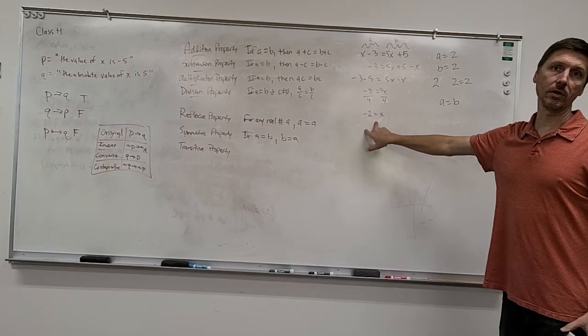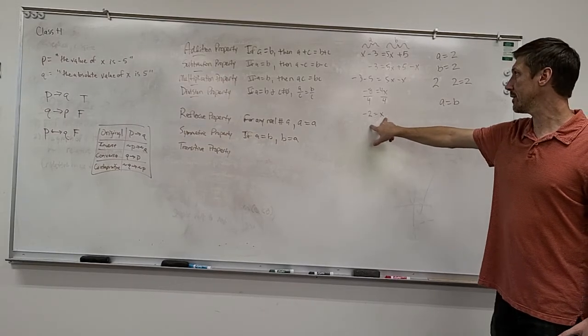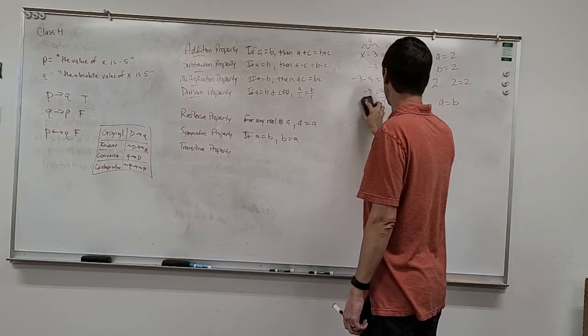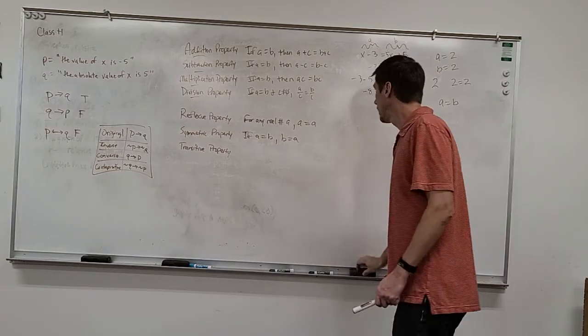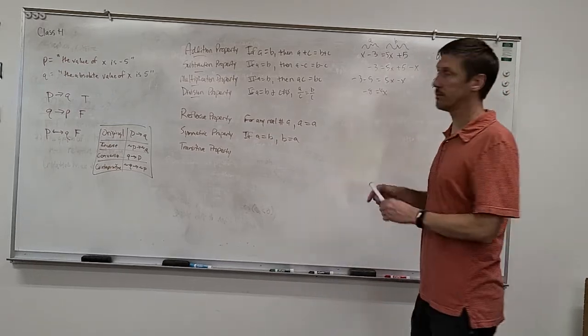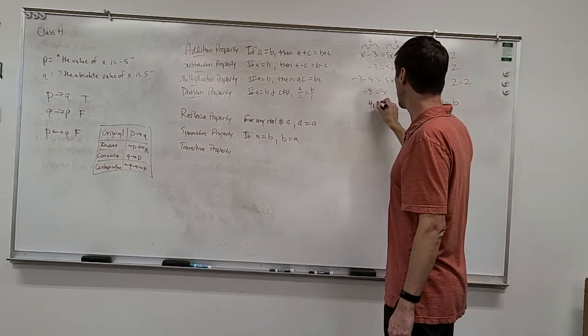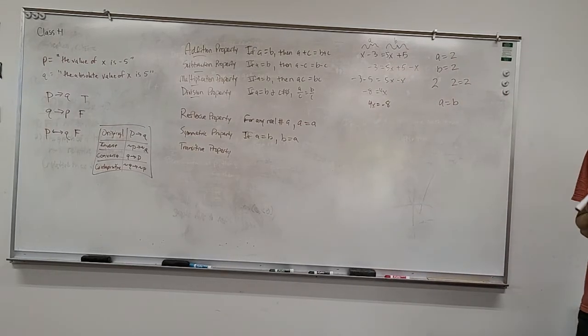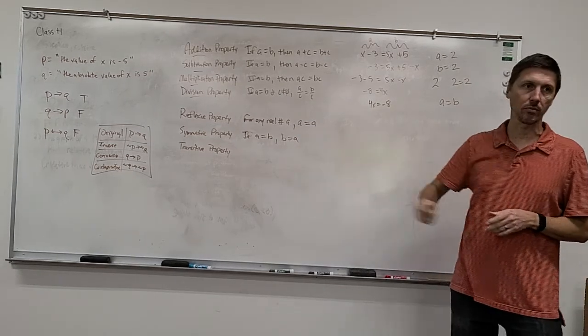If I tell you to give me what the value is for x, you could take it down to here, or maybe you took it down to right here. Maybe when you got to right here, you're like, you know what? I like my x's to be on the left side, so you just take this thing and you flip it around right here. And that's no problem, right? You can do that. What do we call that property that means that we can do that with equations? Well, we call it the symmetric property, okay?